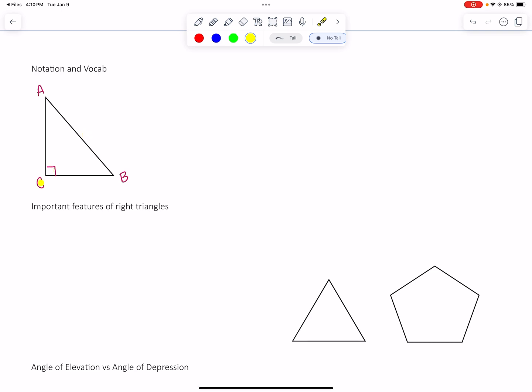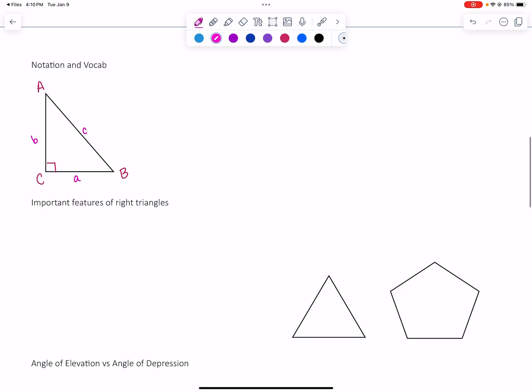So if this is vertex C, the side opposite is going to be lowercase c, this is going to be lowercase a, and this is going to be lowercase b. And if we take an angle here, let's just call this angle A for theta, meaning that this angle down here is going to be 90 degrees minus theta. All right, so just a little heads up on your triangles.